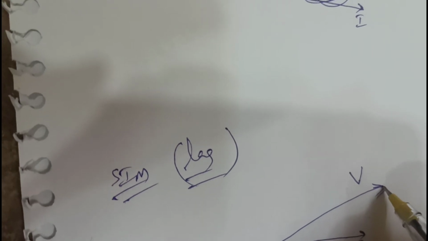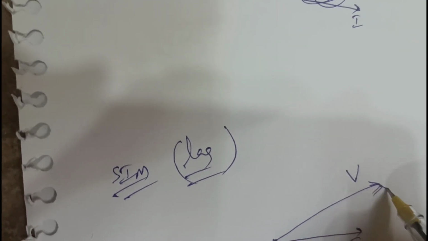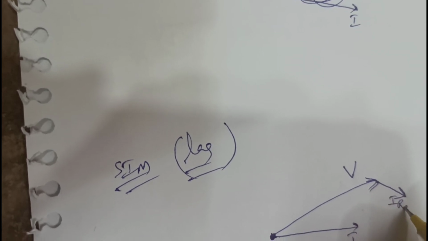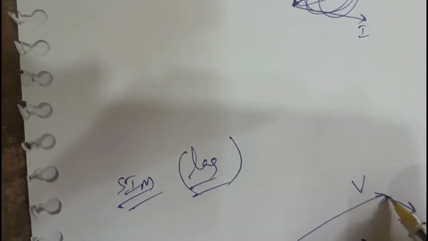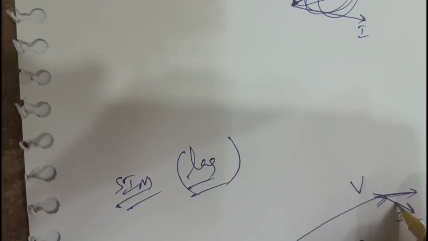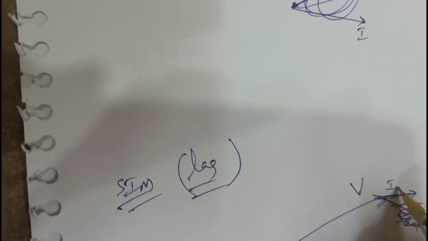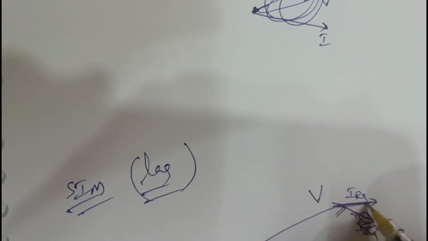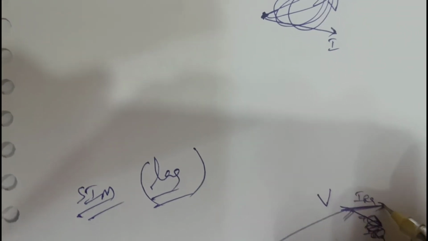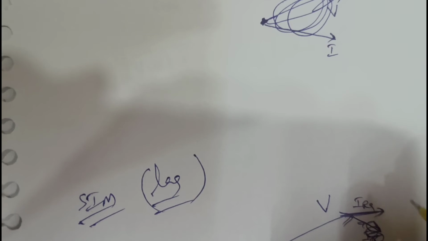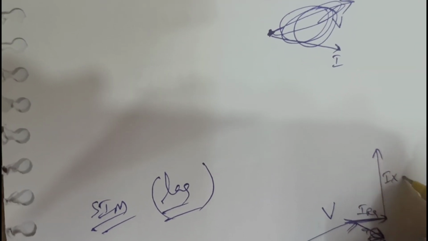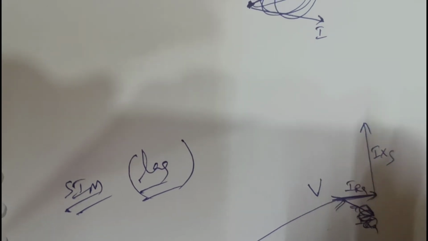Next, draw the I into RA drop, the armature resistance drop, parallel to this current axis. Next, the armature reactance drop, I into XS drop.